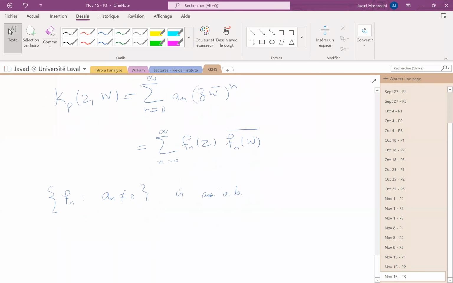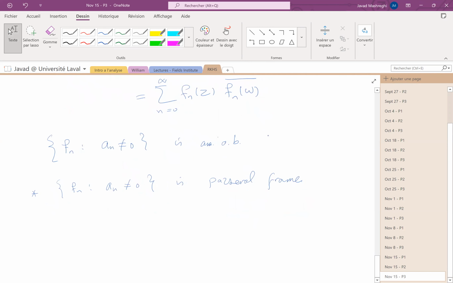We already know, so fact 1, that this is a Parseval frame. Even if we remove this, it's already a Parseval frame. The only thing we need to establish to obtain an orthonormal basis is to show that they are L2 independent.